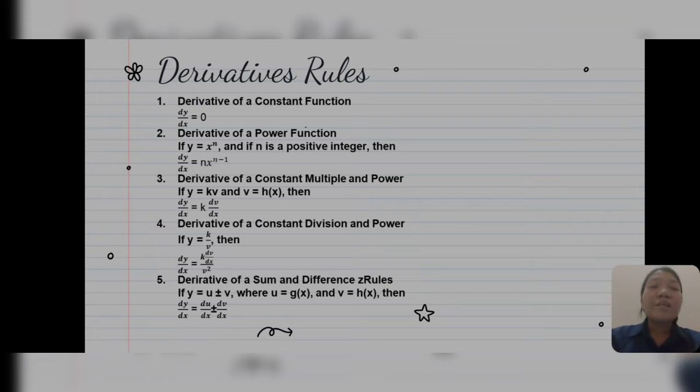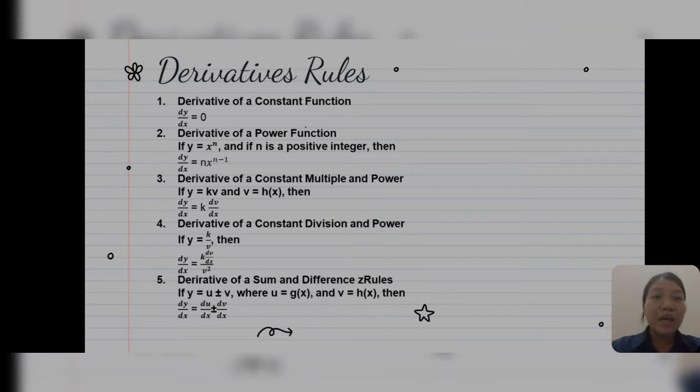The fourth one is the derivative of a constant divided by a function. If y equals k per v, then the formula is delta y per delta x equals negative k times delta v per delta x, over v to the power of 2.